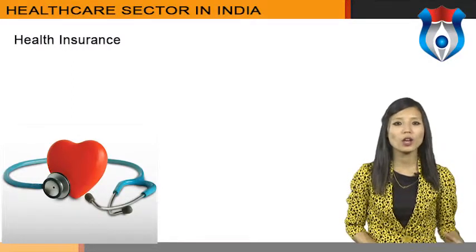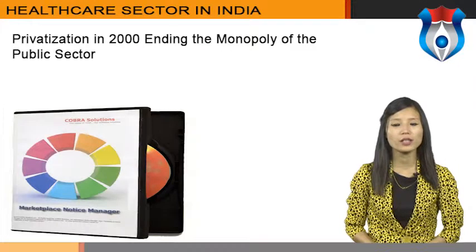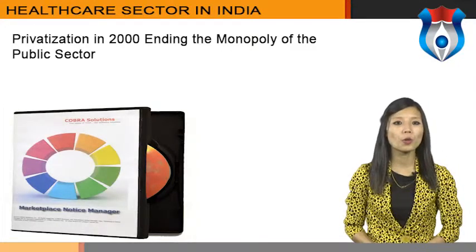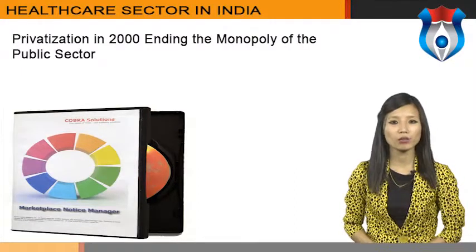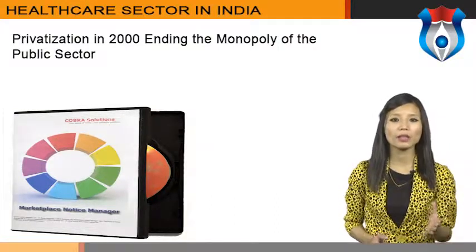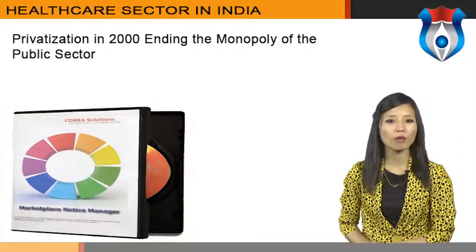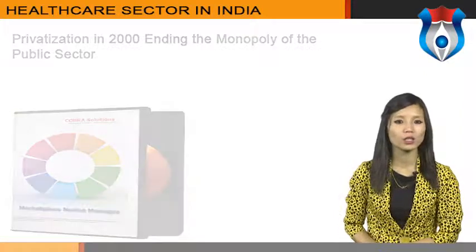Three factors have changed the face of the medical insurance market. Privatization in 2000, ending the monopoly of the public sector. Introduction of third-party administrators, TPAs, by the Insurance Regulatory and Development Authority in 2002 has made the medical insurance segment more attractive through provision of cashless hospitalization facility.